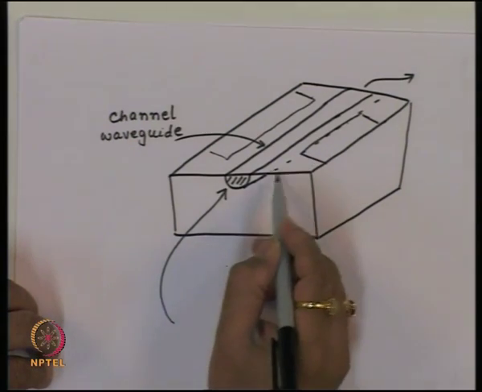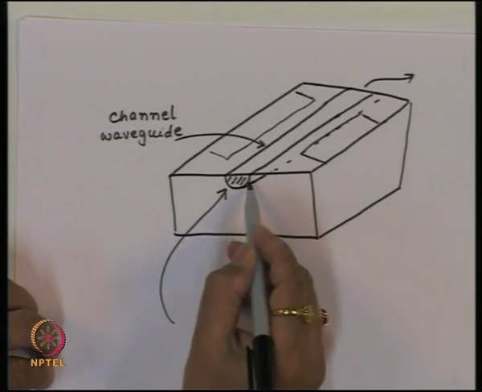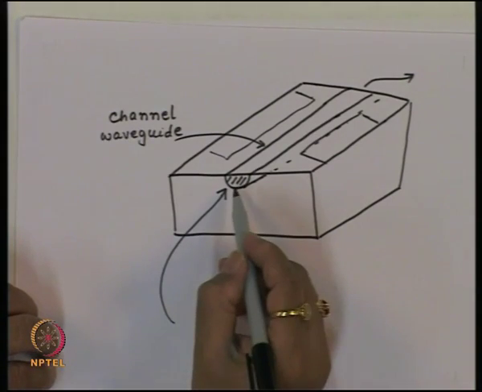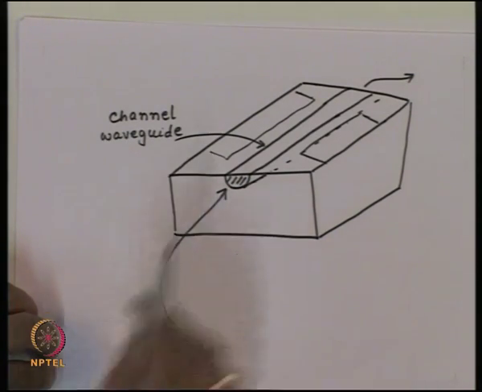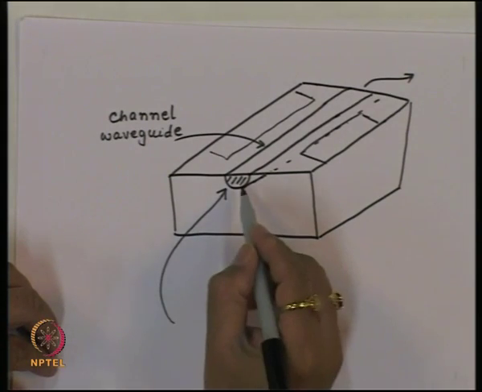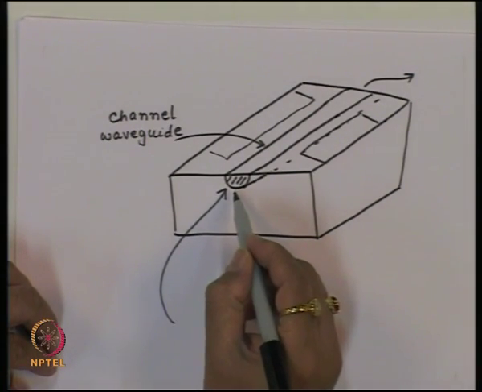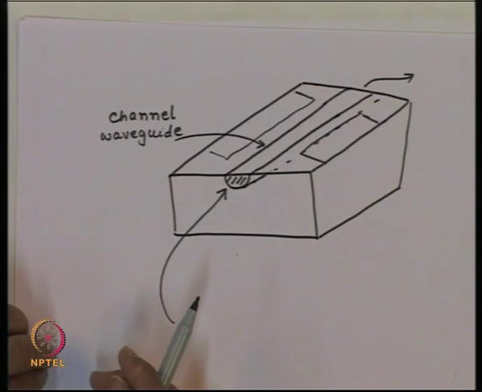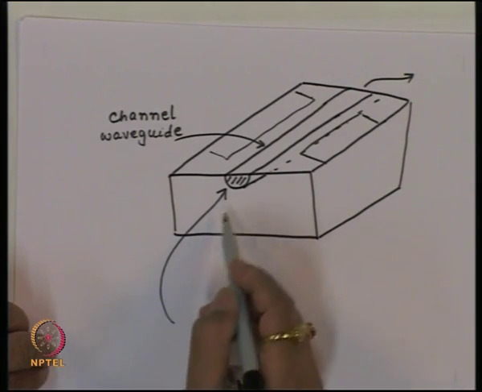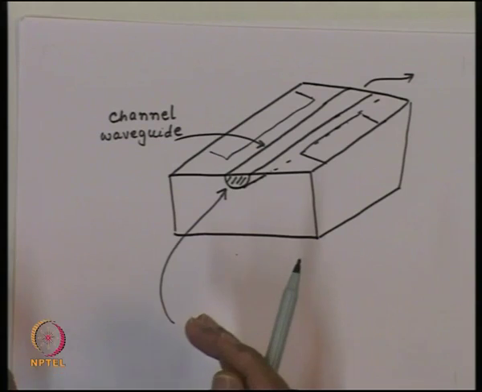That voltage will create some electric field. That electric field will pass through this, and that electric field will change the refractive index of this material. If the refractive index changes, the phase constant of the light will change, and therefore we will have an additional phase change because of the change in the refractive index.